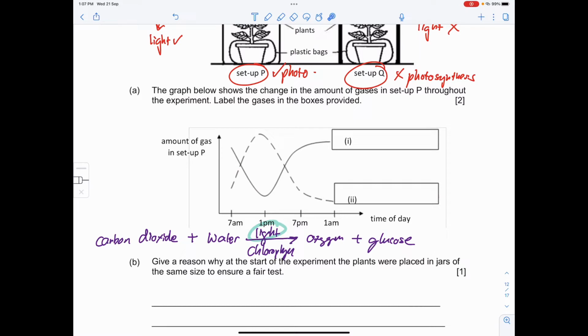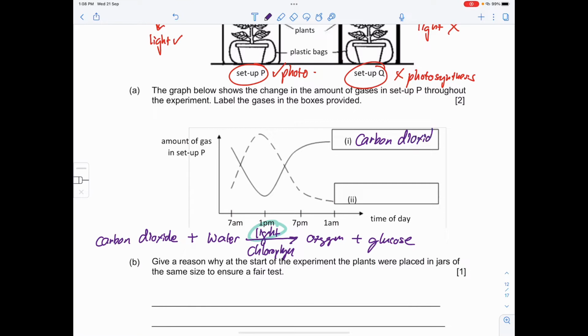When it's photosynthesizing, your plant will take up carbon dioxide, correct? So, if you look at it, your carbon dioxide should decrease the most at 1 p.m. Why? Because that's where the rate of photosynthesis is the highest. Because your sun will be the brightest. So because of that, your carbon dioxide would drop.